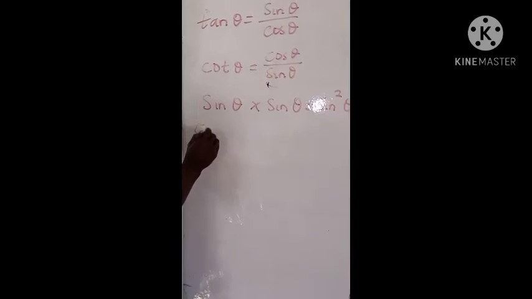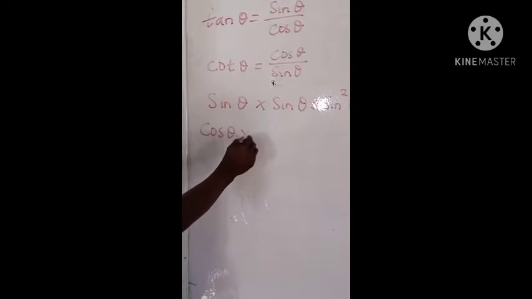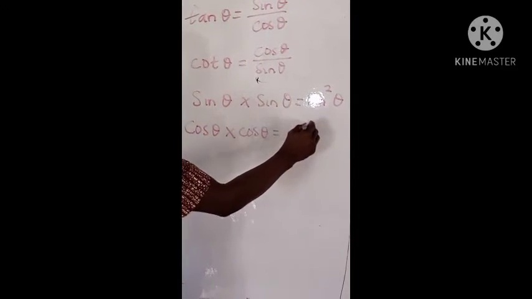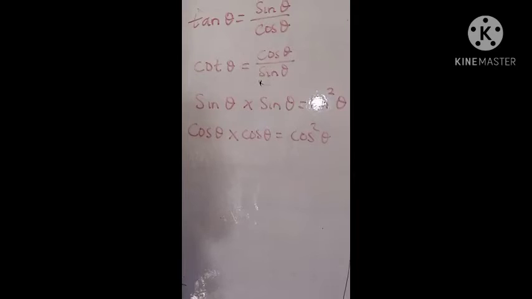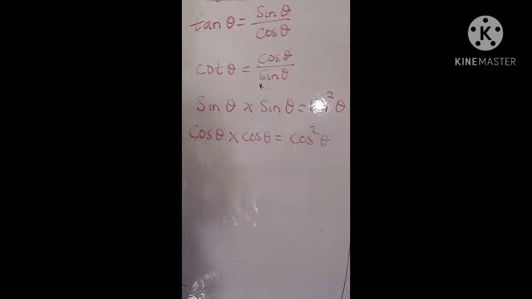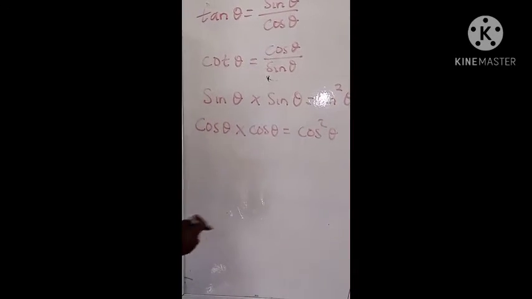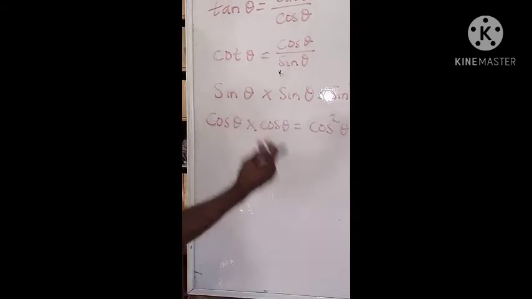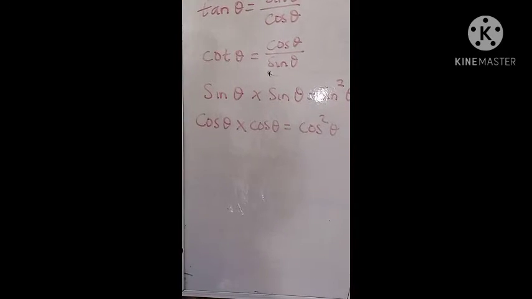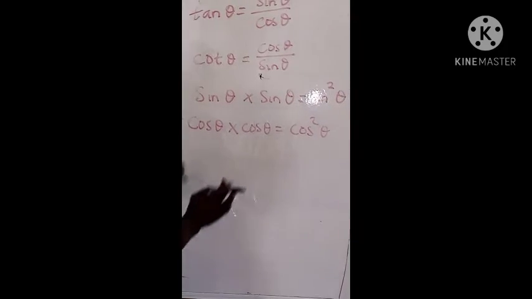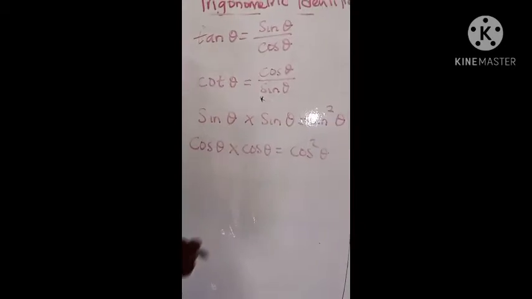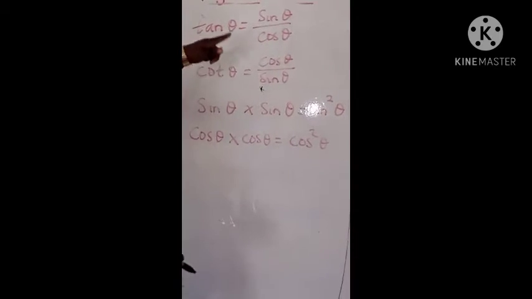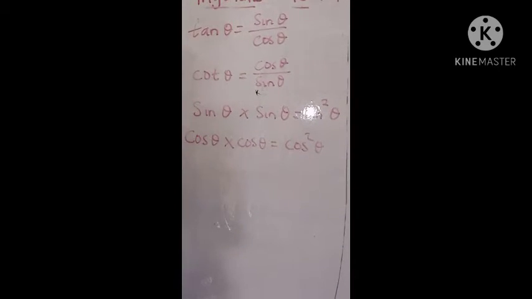In the same vein, cos theta times cos theta gives cos squared theta. Tan theta times tan theta gives tan squared theta. Cot theta times cot theta gives cot squared theta. Having understood these basic ratios, you can now move properly into the trigonometric identities.